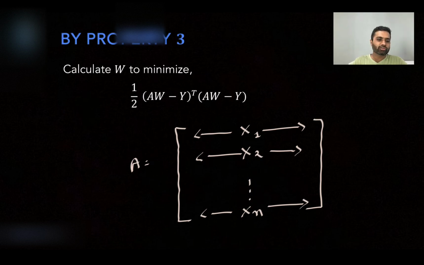So this also is a function of what? W. And what are the fixed entities? A and capital Y are fixed. A is fixed, that is the input. Capital Y is just a vector consisting of all the ground truths, so that is also fixed, and that is the output.